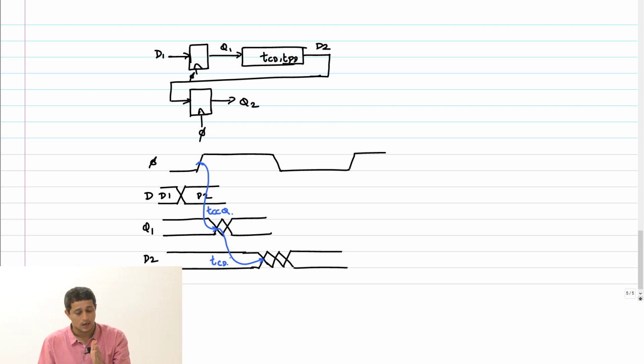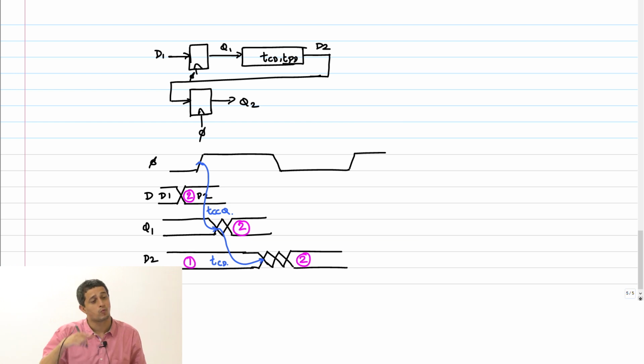Now earlier in the previous cycle, D2 had some earlier value that had to be sampled. If you look at the D2 guy, this is some value, let me call this event 2. Event 2 has happened here.